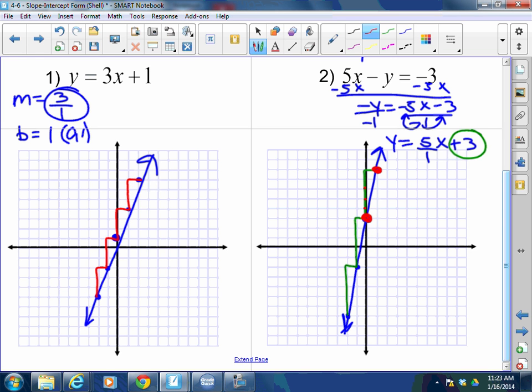Then I go back to my y-intercept and I go backwards. Down 1, 2, 3, 4, 5 over 1. And I connected those ordered pairs. Thank you for your honesty, sir. Did that answer your question? May I continue?